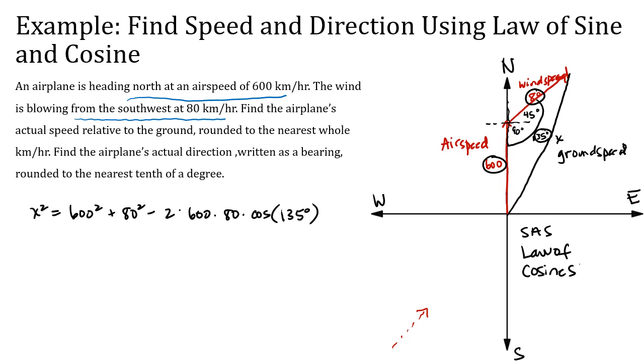Now, I'm going to put all of this into my calculator, and then to find out what x actually equals, I'm going to square root it. So when I did that, and you should pause the video and make sure it works, I got the same answer of 659 kilometers per hour that I saw on the last slide using the component method of adding vectors.